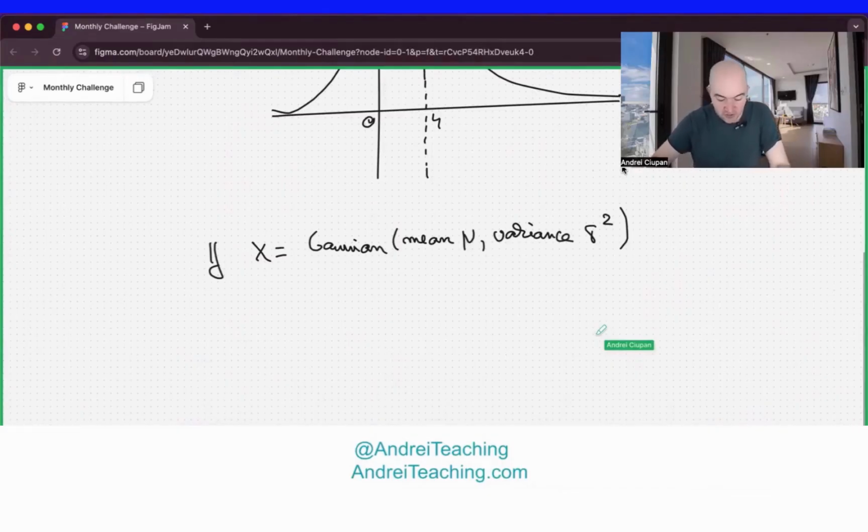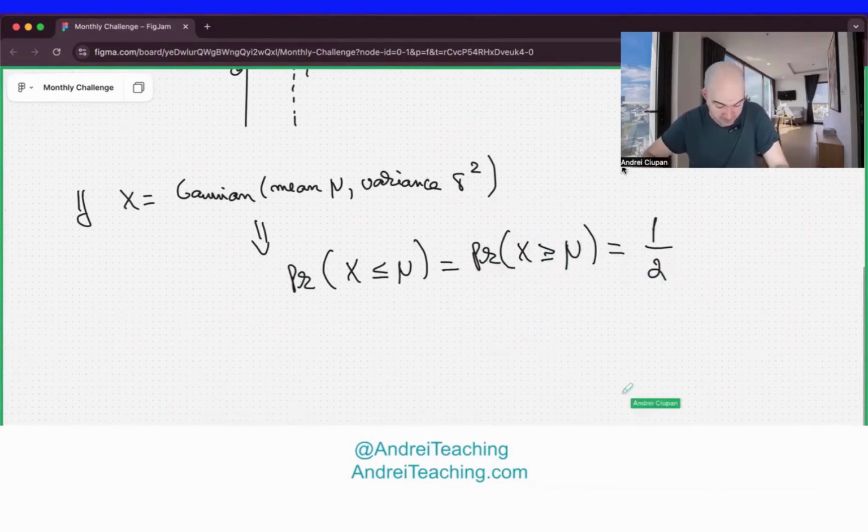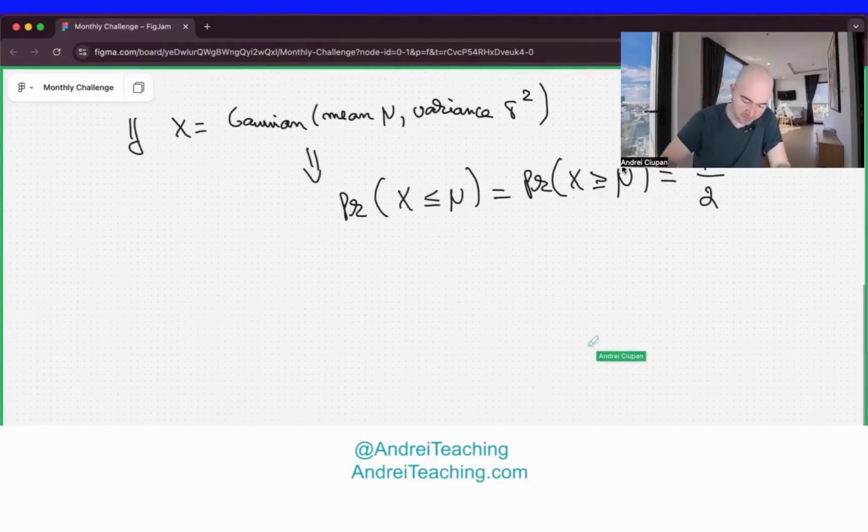In general, if X is a Gaussian with mean mu and variance sigma square, then the probability that X is less than or equal to mu is the same as the probability X is bigger than or equal to mu, and they equal 1/2.